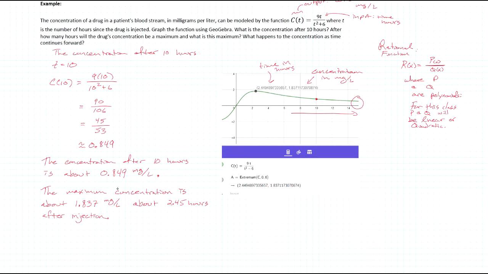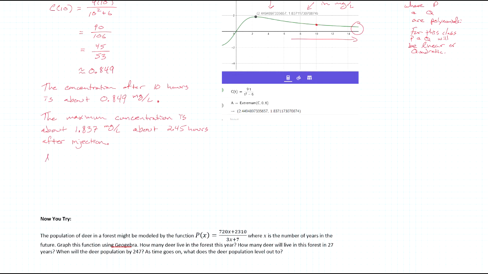So we can say as time continues forward, the concentration of the drug is decreasing towards, so we see it's decreasing, but also we can say it's decreasing towards 0 milligrams per liter, right? And that's what we would expect here.